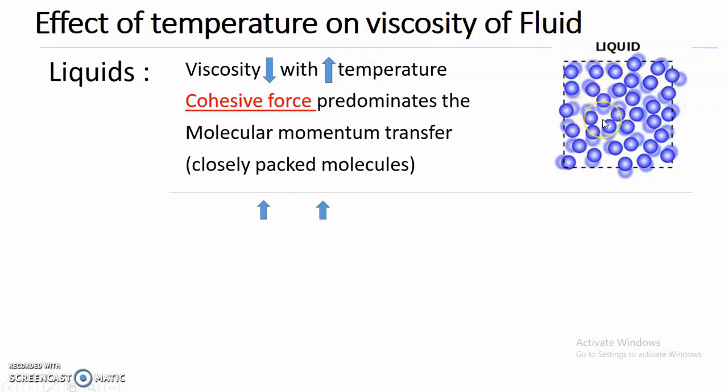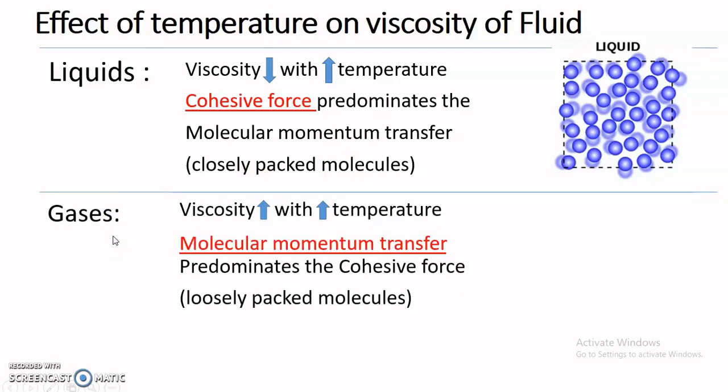In other words, you can say the viscosity is reduced with the increase in temperature, which will ultimately lead to the flow of the liquid. So this is the effect of temperature on the viscosity of liquid. Clear? Okay, so let's see for gas also. But for gas, keep in mind that it is not so. The viscosity increases with increase in temperature.